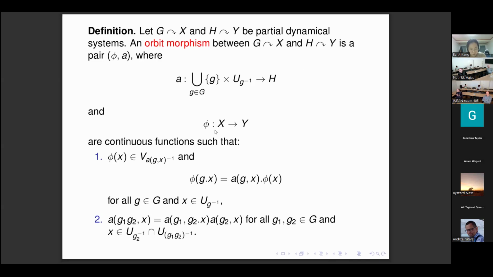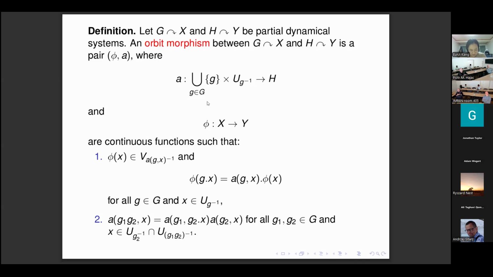One map called P from X to Y, and the other map called A keeps track of how elements of G correspond to elements of H, depending on where they act in X.